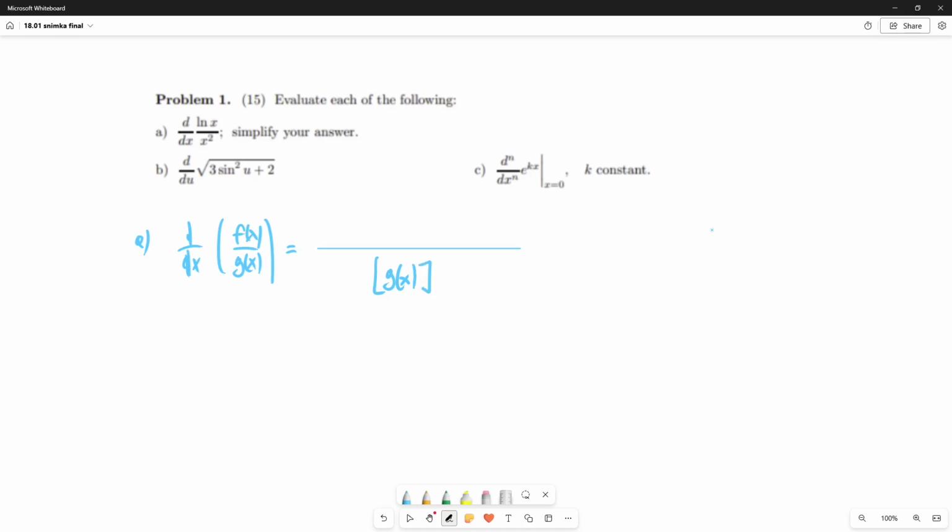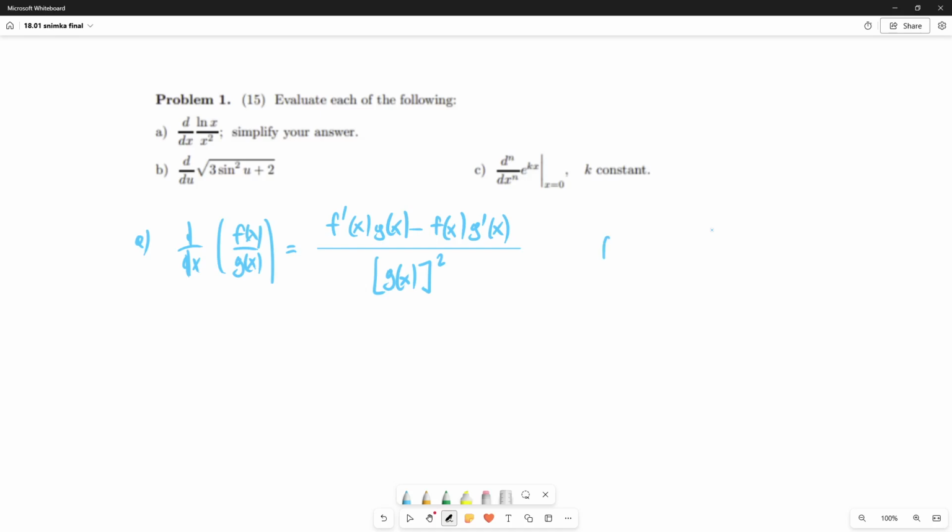G of x squared in the denominator, and here is our numerator. So we have the differentiated numerator times the denominator minus the numerator times the differentiated denominator.